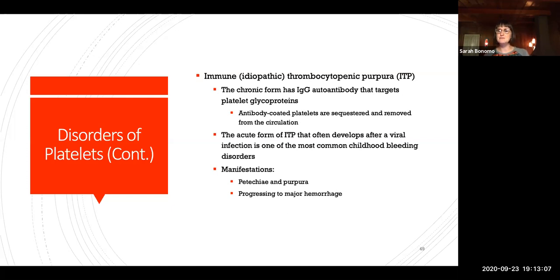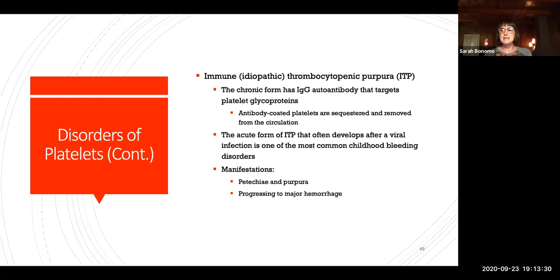It can happen after viral infections, especially in children. The virus itself induces the antibody response, and then the body just goes after it. We talked about how that happens sometimes in the heart valves after rheumatic fever, but in this case, the body is targeting its own platelets.